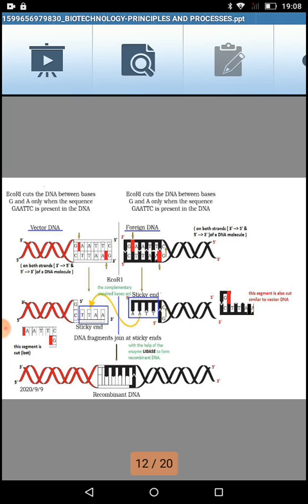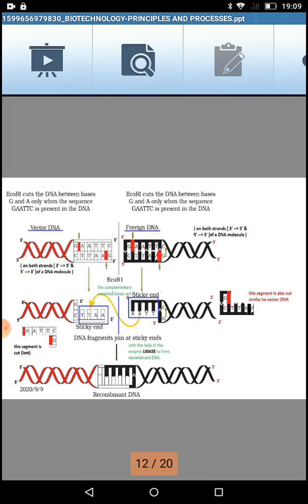So the restriction enzyme in the whole of the DNA will search for that palindromic sequence, like in this case which is projected in front of you, EcoRI is going to first find this GAATTC, which is the recognition sequence for EcoRI.